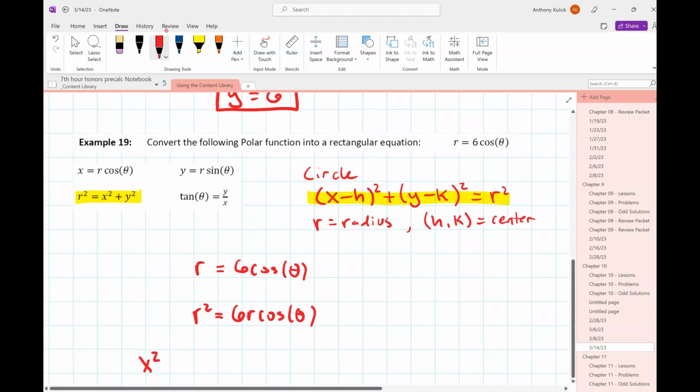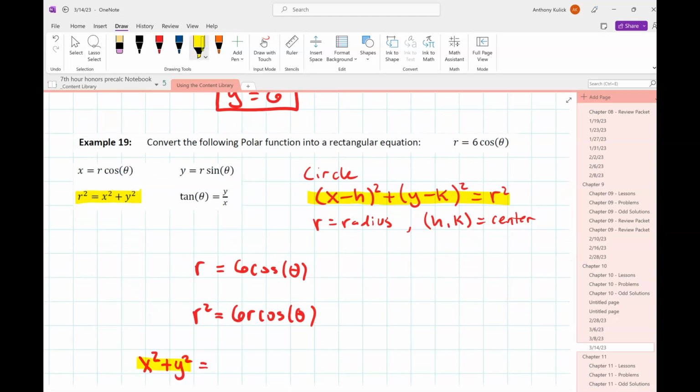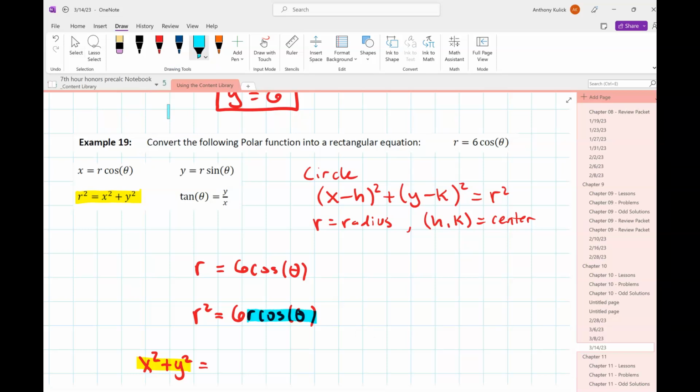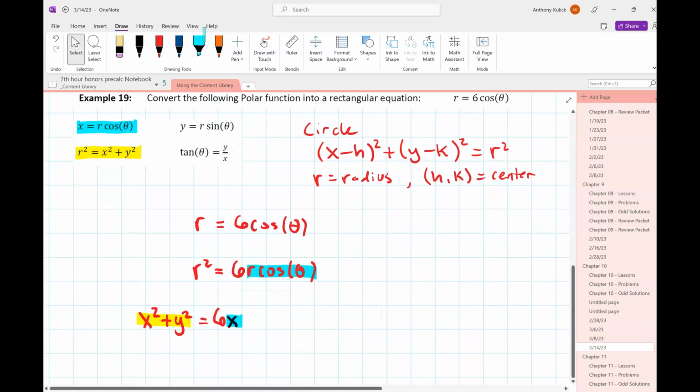Because if I do that, then x squared plus y squared is r squared. And I noticed something else here. What else should I notice? I have an r cosine theta. That's x. Oh, this is starting to look way better. Everybody so far so good?